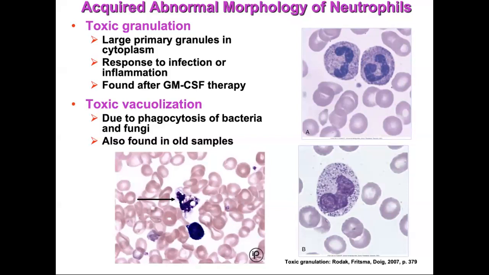And toxic vacuolization can go along with toxic granulation, and you see lots of large vacuoles, and that's typically due to the phagocytosis of bacteria and fungi. But you can also see it in old, dying samples.